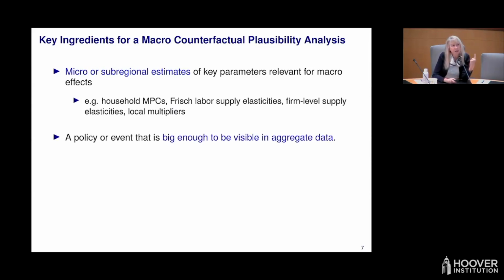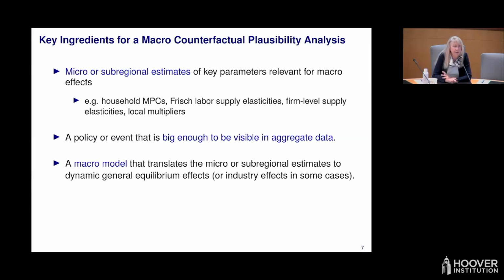You need a policy or event that is big enough to be visible in the aggregate data, okay? Now, those micro estimates typically are from a study that happened during that event, but that's not necessary. You could take micro estimates from another period, and as long as there's enough similarities, say it's temporary, you could also apply it to a policy event in a different period.